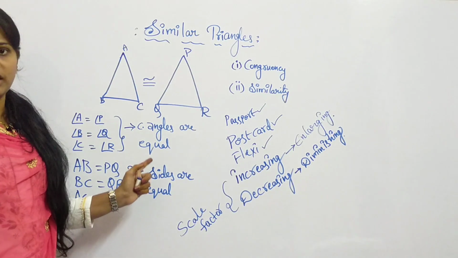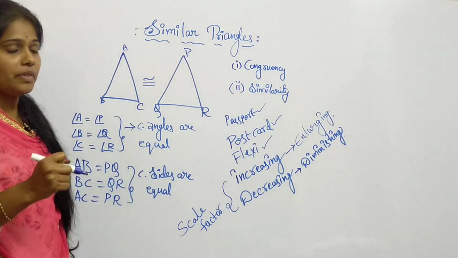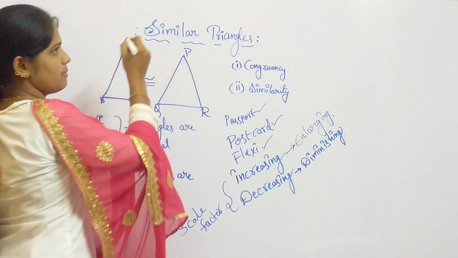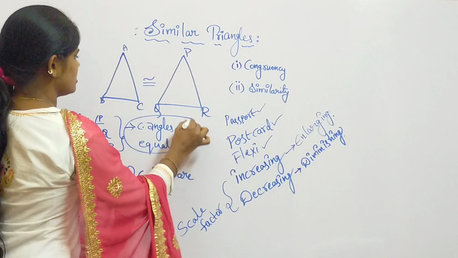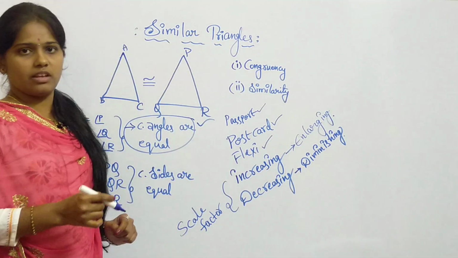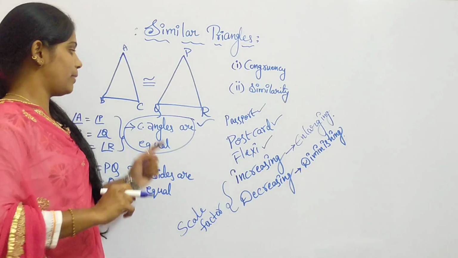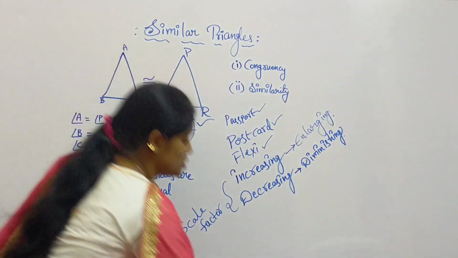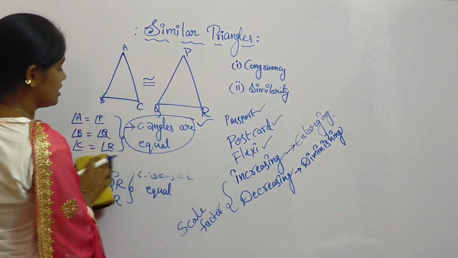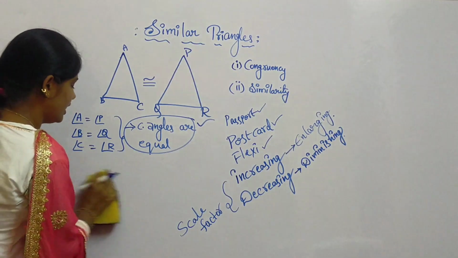But when it comes to similarity, the first property, corresponding angles are equal, is the same. But corresponding sides are not equal.